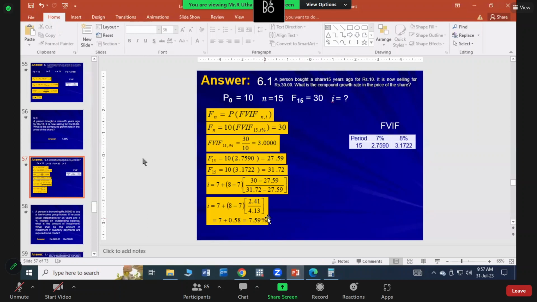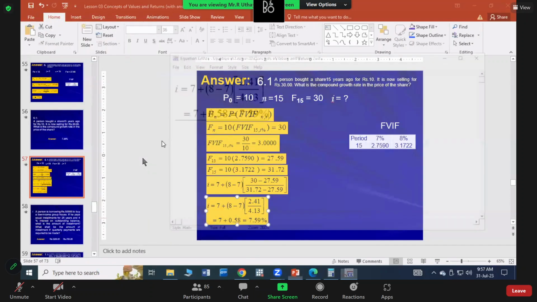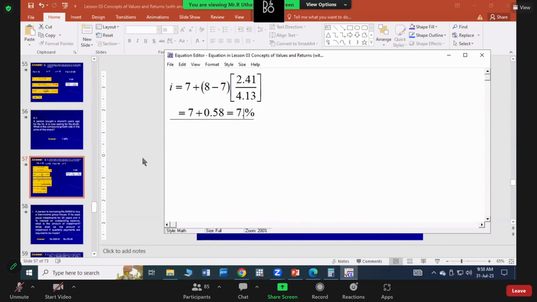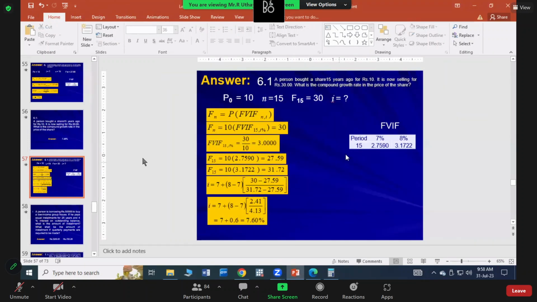So you can confirm that there has to be some approximation to get that exact 7.6%.